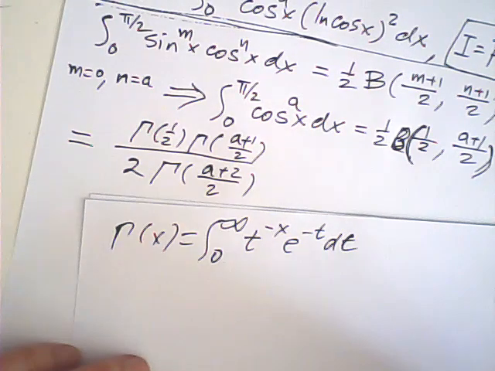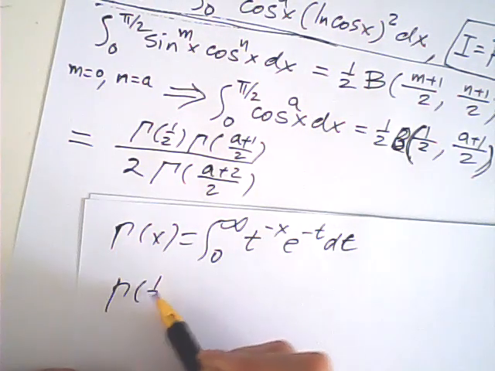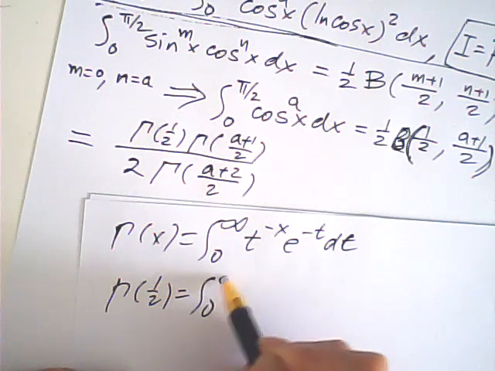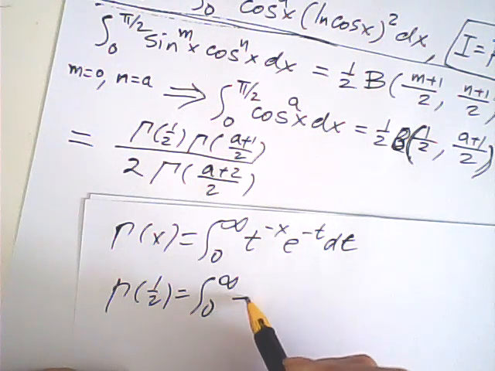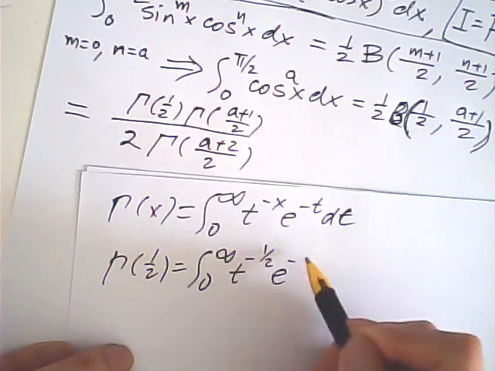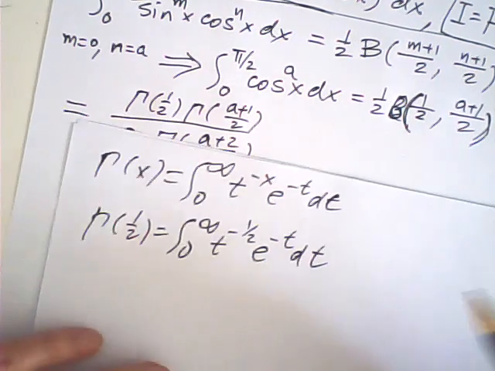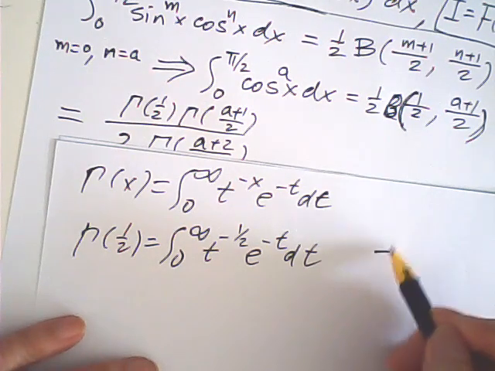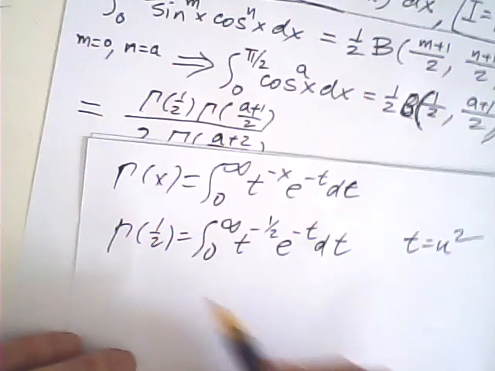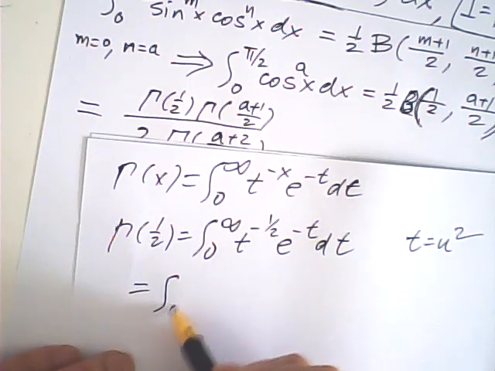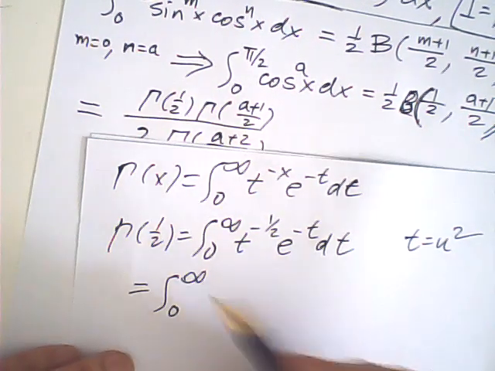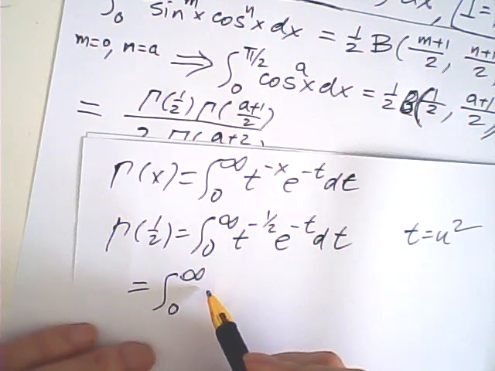And therefore gamma half is equal to the integral of t to the negative half e to the negative t dt. While this is not difficult to integrate, we let t be u squared.